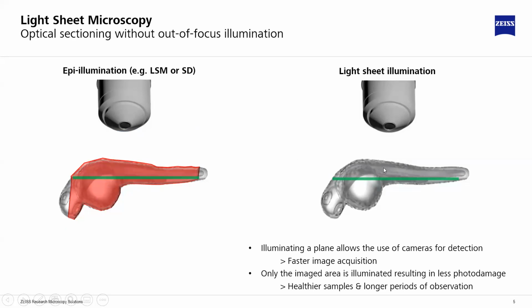With a light sheet, in comparison, the illumination is focused entirely in this thin plane that's only coinciding with the focal plane of your detection optic, meaning we're not exposing these regions above or below to light.